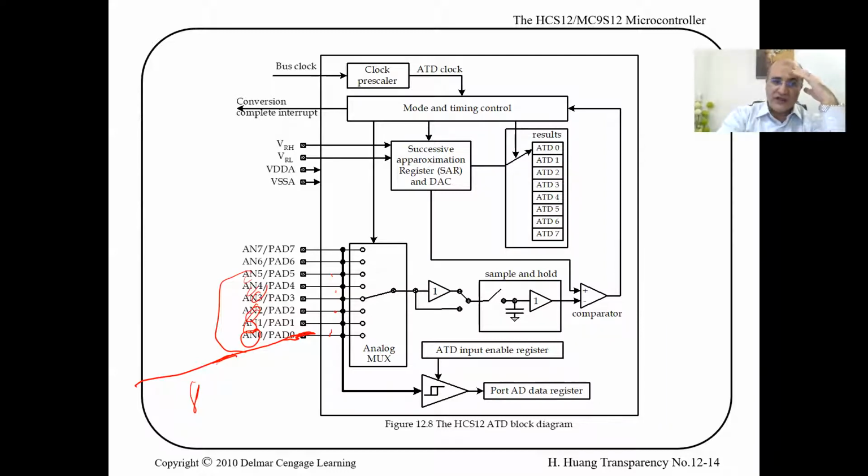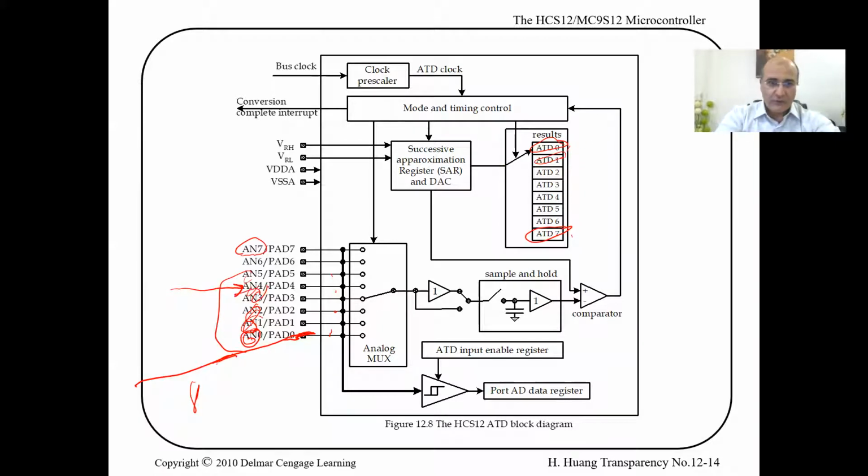Non-FIFO means AN0 stored in A to D0. AN1 stored in A to D1. When you get to 7, you store at 7. Period. You go back, read 0, you store at 0. And that's it. But in the FIFO mode, you can choose to start reading from AN4, for example, 3 times. So you store the first result and you specify where you want to store, for example at 0.